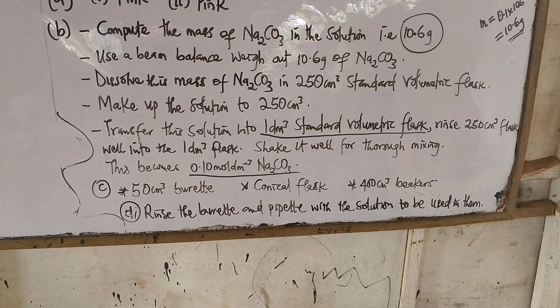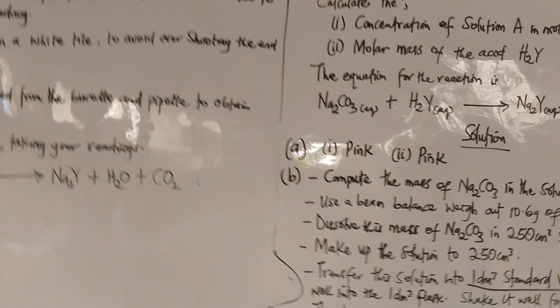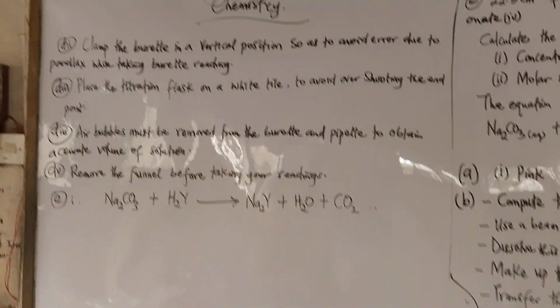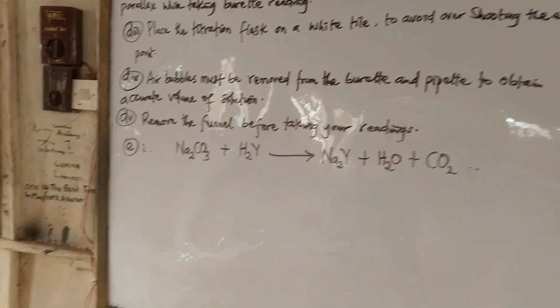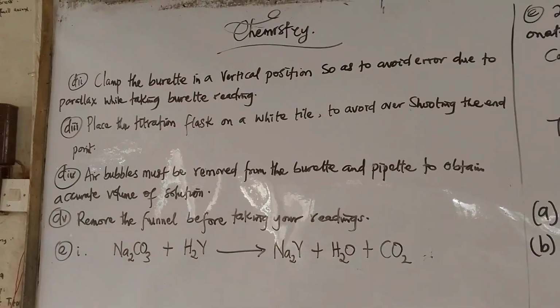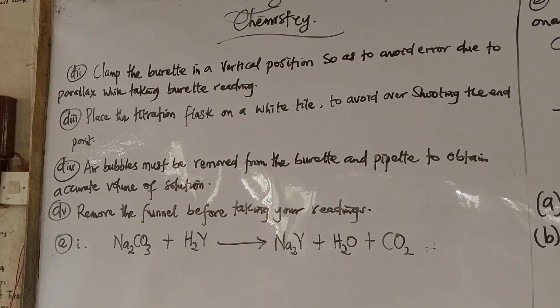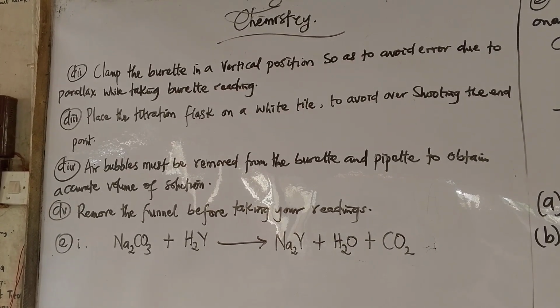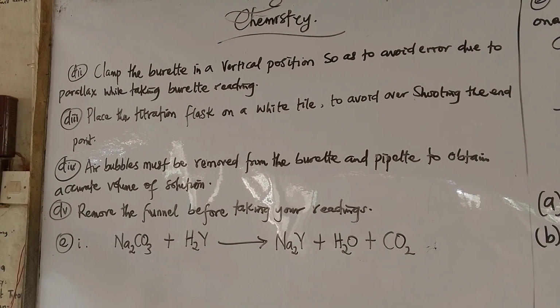Now let's go to other precautions for your titration. Number 2: clamp the burette in a vertical position so as to avoid error due to parallax while taking the burette reading. Then number 3: place the titration flask on a white tile.